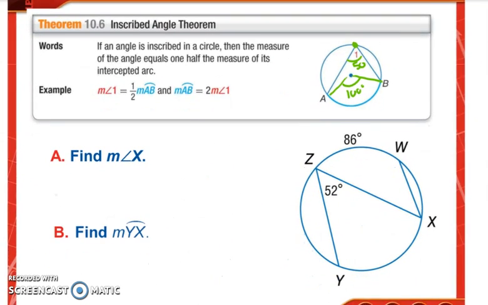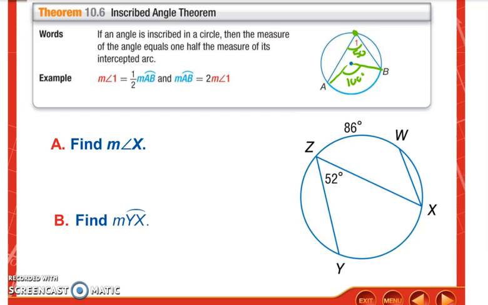Alright, so now let's apply this. So if we want to find the measure of angle x, the measure of angle x is this inscribed angle. I know that because the vertex is on the circle. The measure of the arc is 86 degrees. So the measure of angle x is 43 degrees.